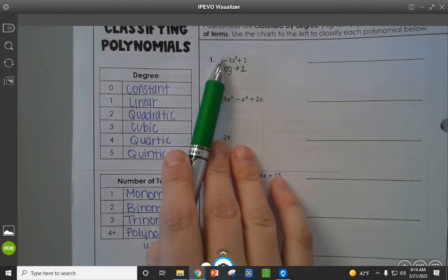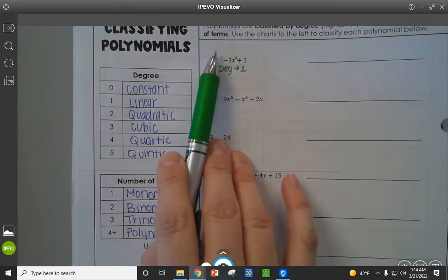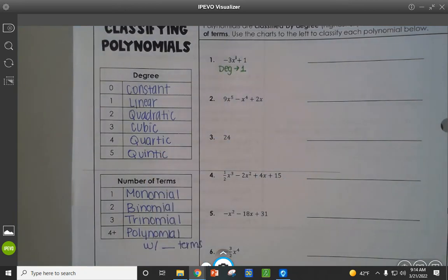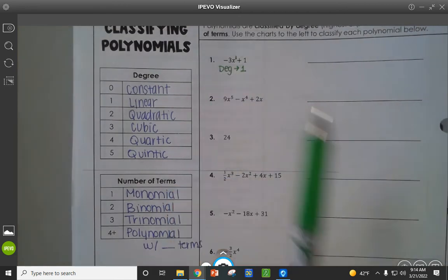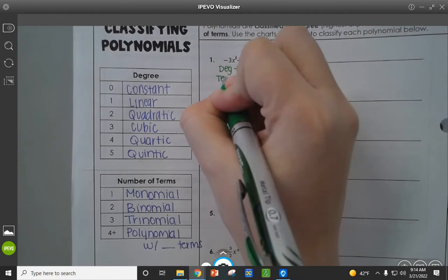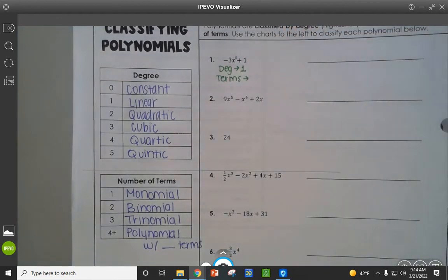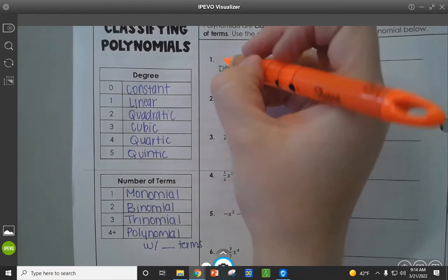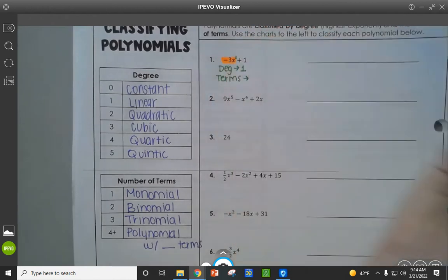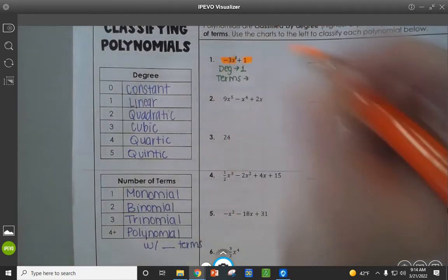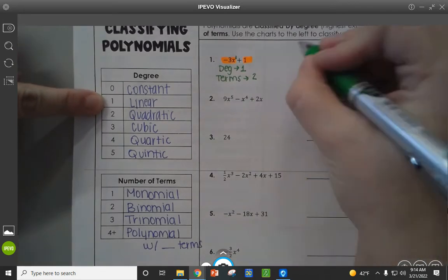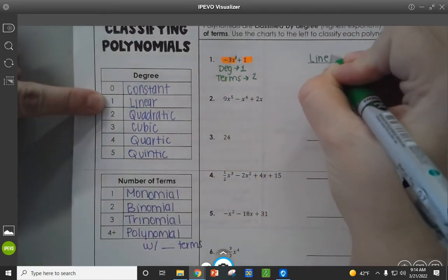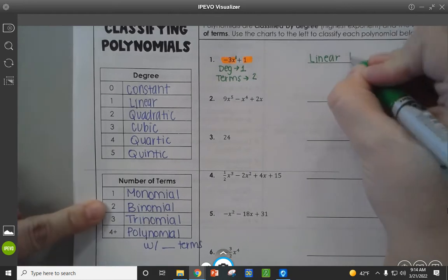The leading coefficient is -3. That has nothing to do with naming the polynomial, but sometimes you may be asked what the leading coefficient is. So most of the time it's just the number in the very, very front. How many terms do we have? 2. This one is a term, and then there's an addition sign, so that separates the terms. That's another term. So we have 2 terms. So if the degree is 1, it is a linear, in 2 terms, binomial.